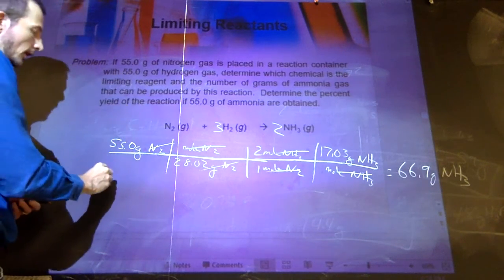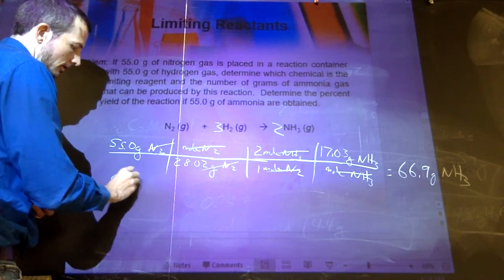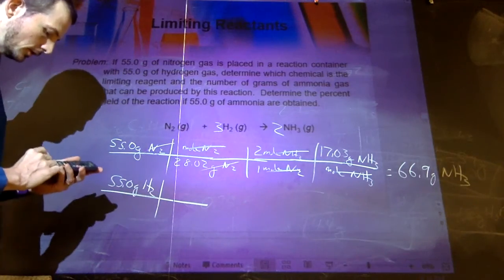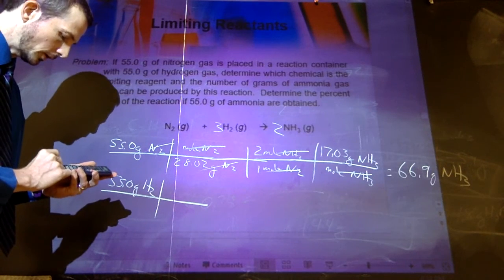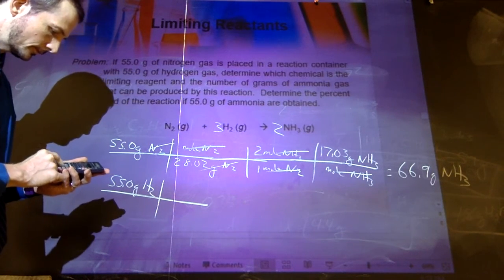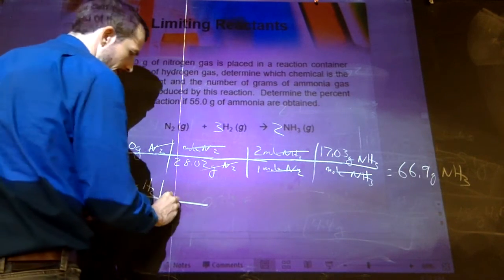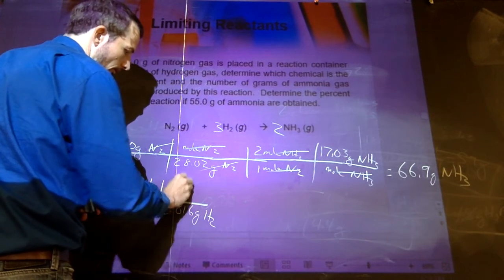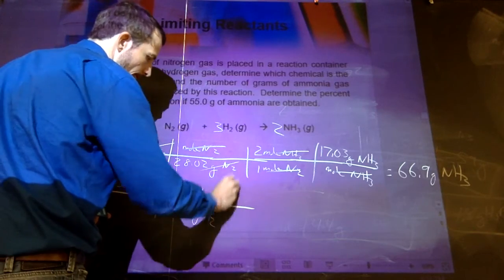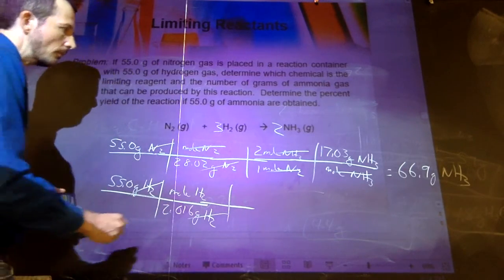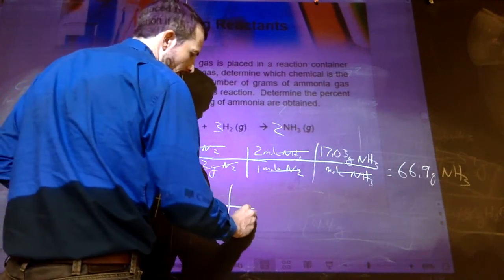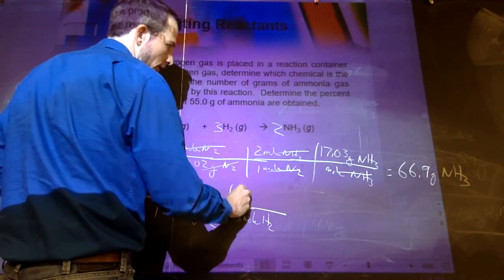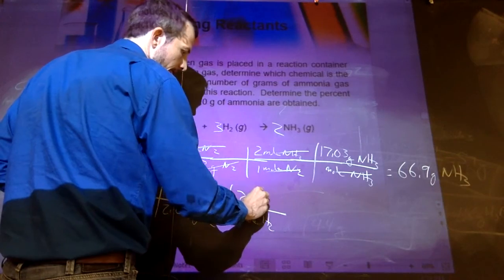Do the same thing for hydrogen. Here I have 2 times 1.008, so 2.016. So it takes 3 moles of hydrogen to produce 2 moles of NH3.